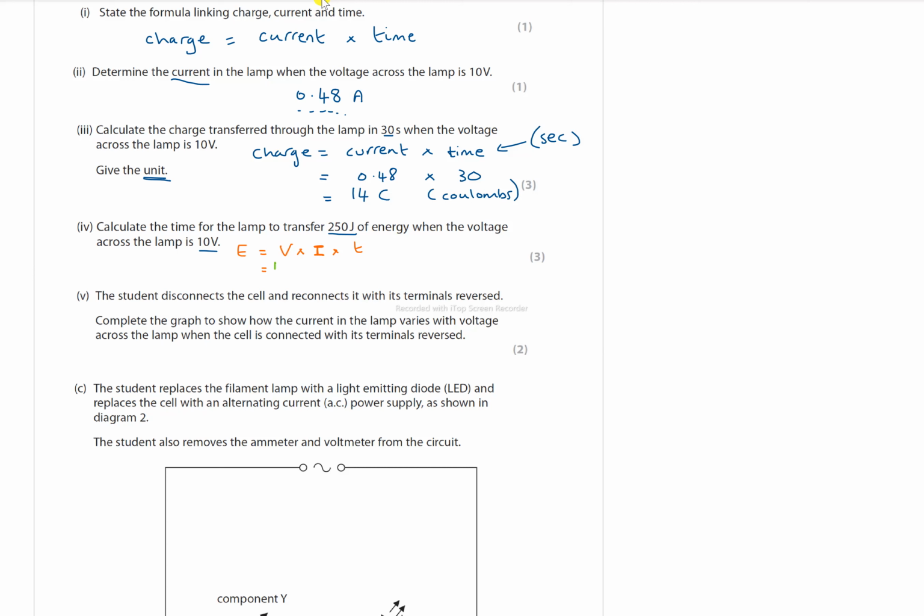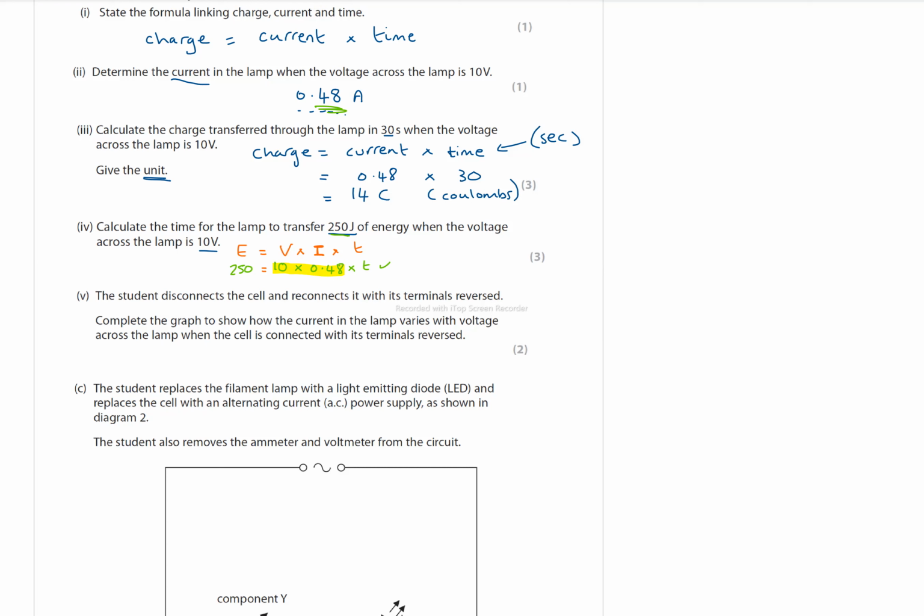So the voltage is 10 volts. The current, right, it's the same lamp, same current here. So 0.48, and we're trying to work out the time, and we've been given the energy 250. So you have to write this, and then you put this into your calculator.